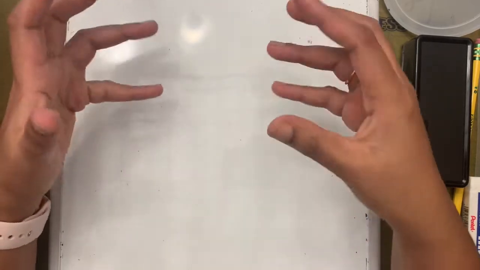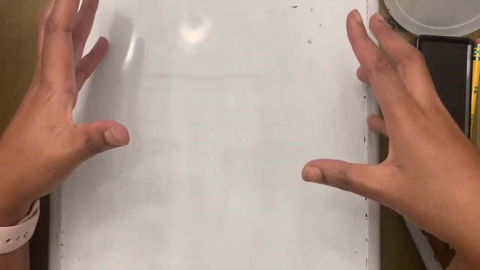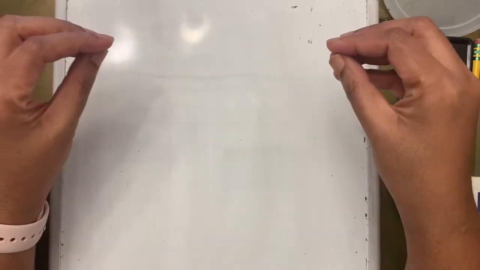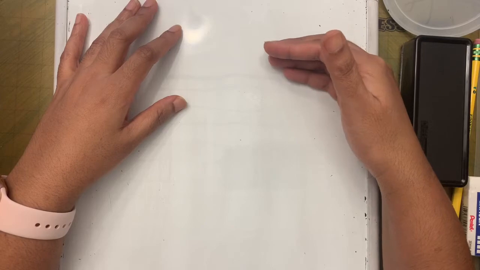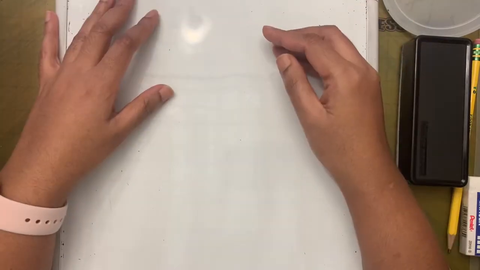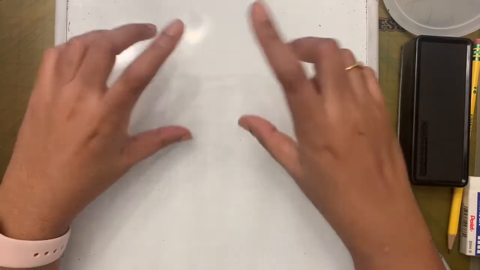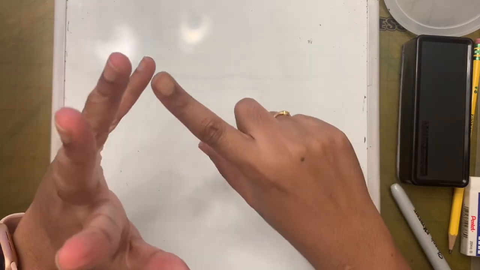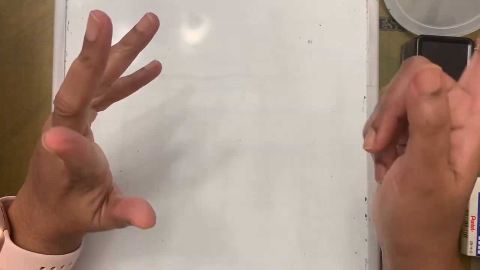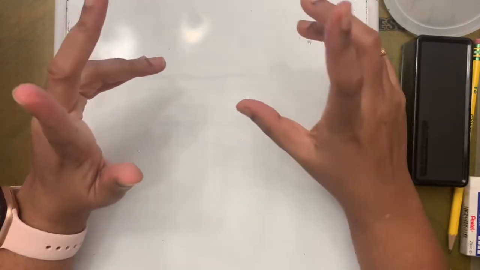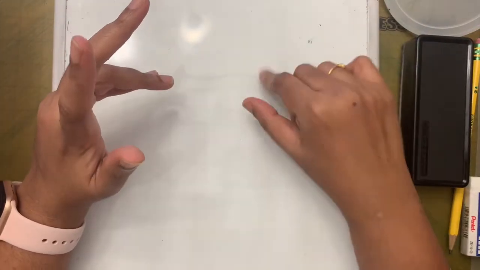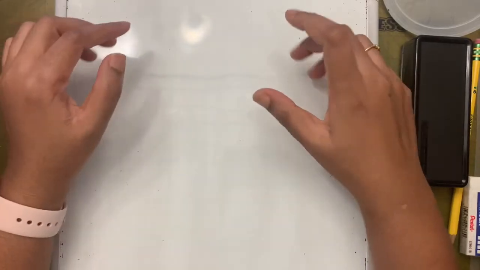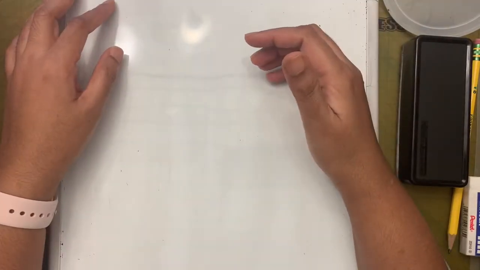Lines can be used by the artist to draw the contour line or the outline. The lines can be repeatedly used to come up with patterns. So patterns can be made with lines. It can also be made with shapes. Shape is another line, right? We can also make patterns using colors.